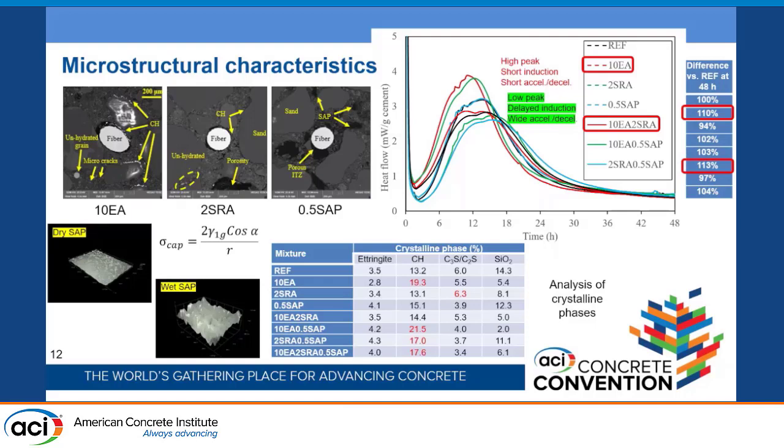SAP EA had a large amount of portlandite, which justifies high expansion and quick strength development. On the other hand, the SRA mixture had high unhydrated C3S and C2S, which justifies the delay in strength development and hydration peak.